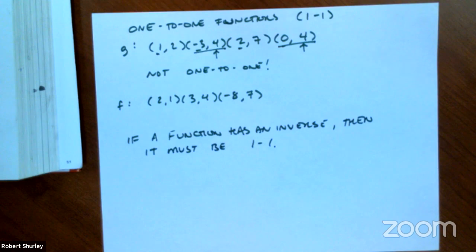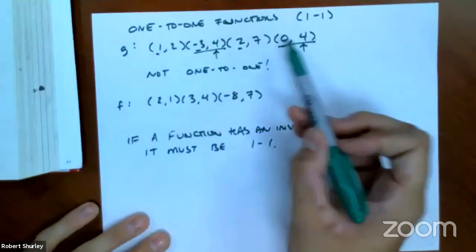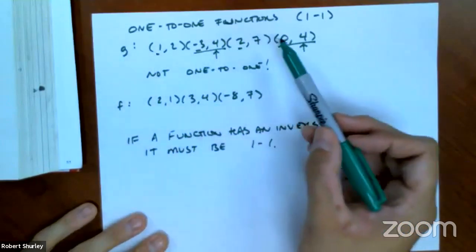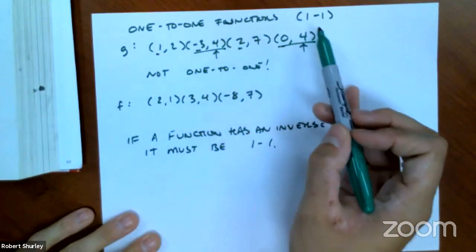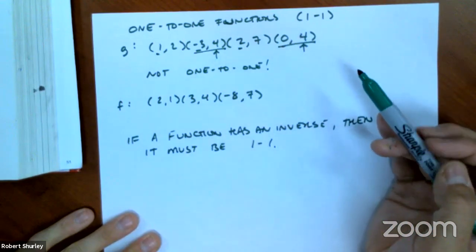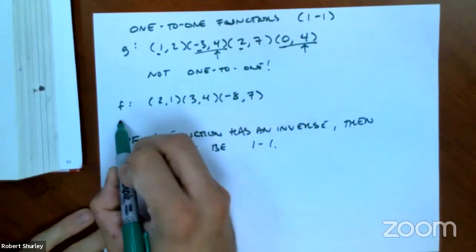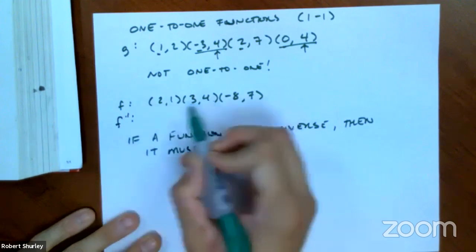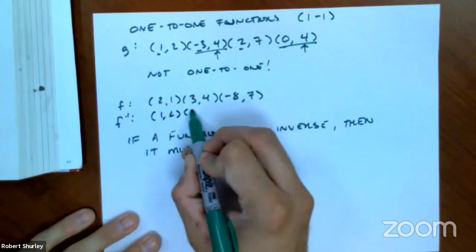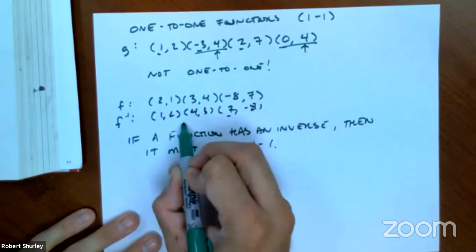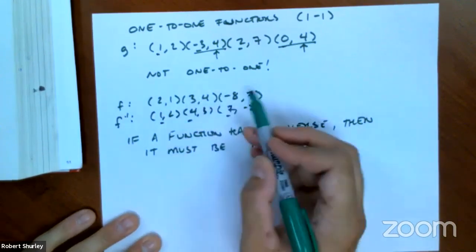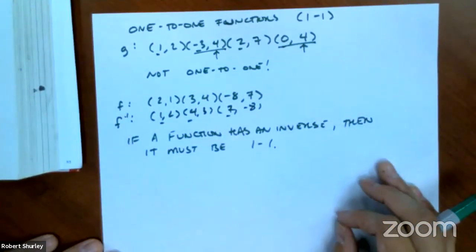Not all functions do. This g function is a function, but it's not going to have an inverse function, because the x's are going to repeat, because those y's repeated. Down here though, this does have an inverse. When we flip them, none of the x's now repeat, because none of the y's repeated earlier.